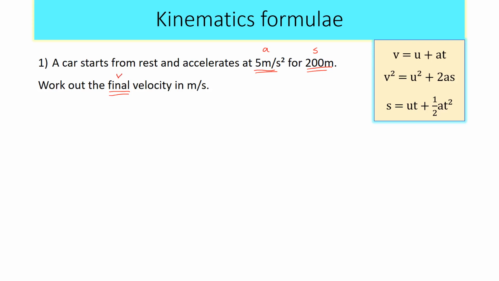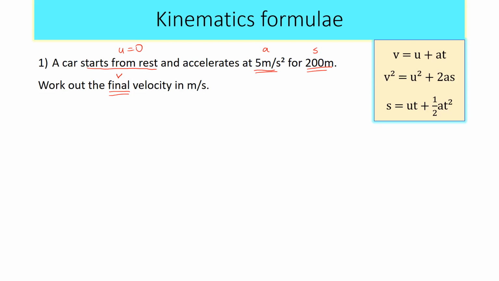There is also one more piece of information in our question that is not that obvious to see, and that is the fact that the car starts from rest. So that means that the initial velocity is equal to 0.